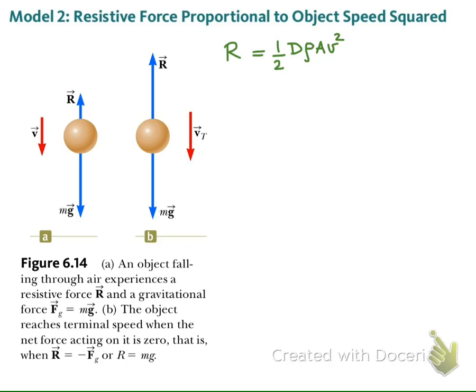This D is a constant, and we call it the drag coefficient.